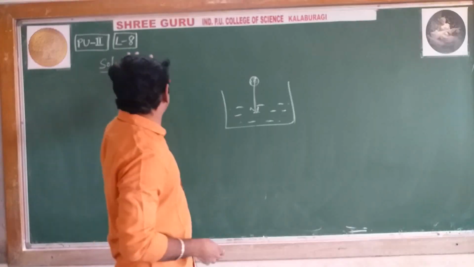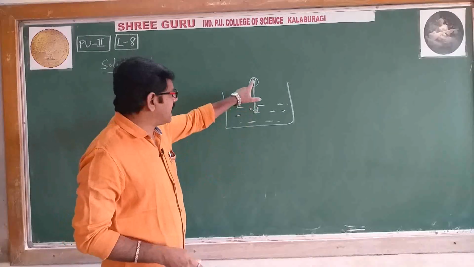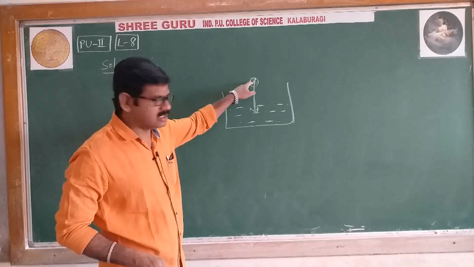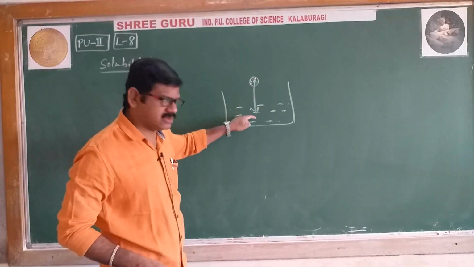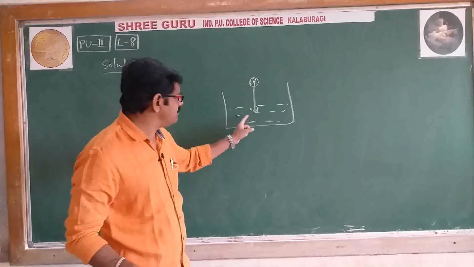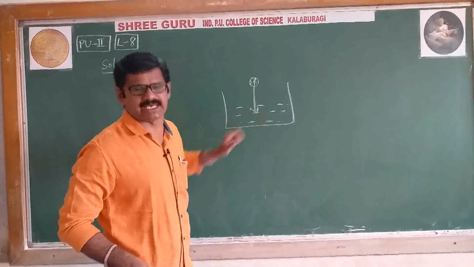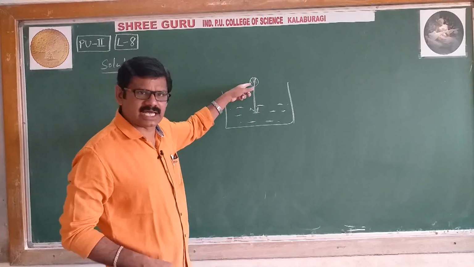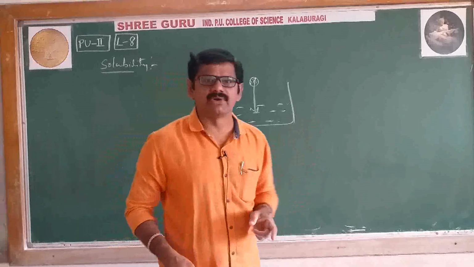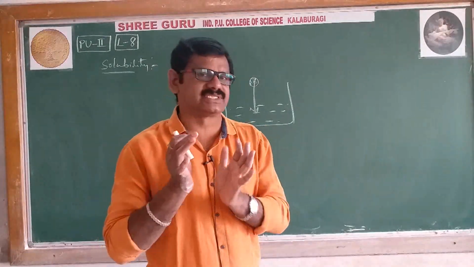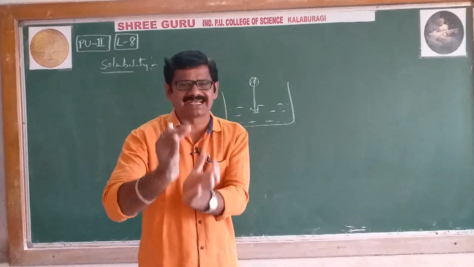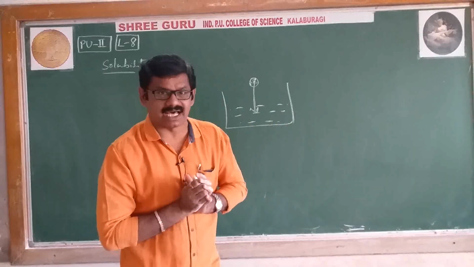Then how to define solubility? It means the maximum amount of solute that can be dissolved in the specified amount of solvent at a particular temperature is called solubility.